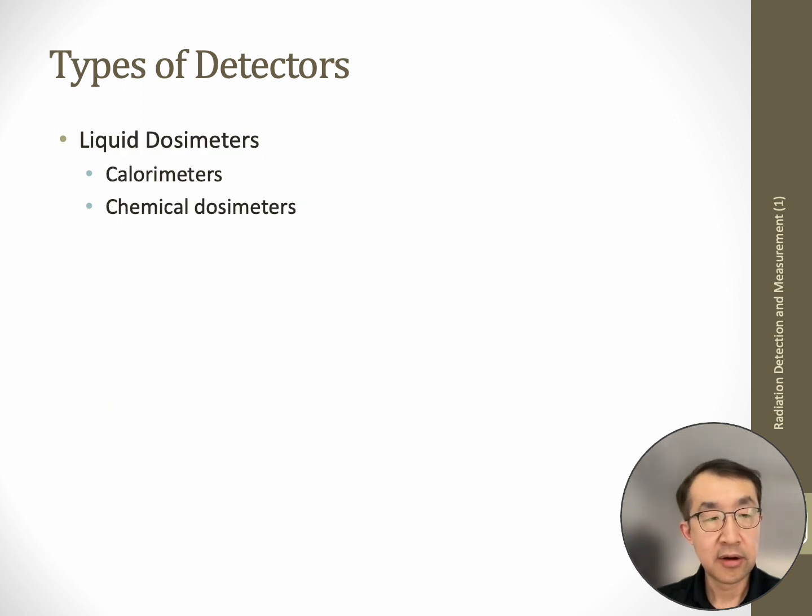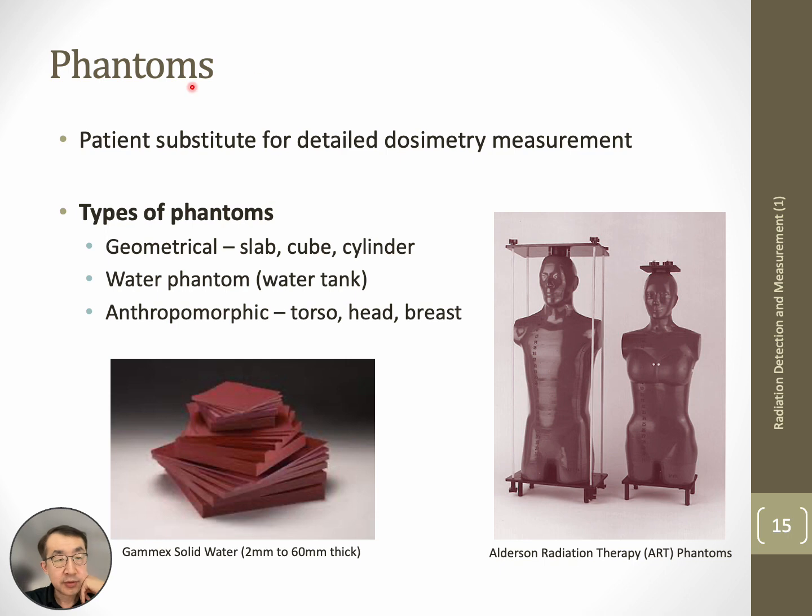And the third category will be the liquid dosimeters. Again, these are not clinical detectors, but I've seen RAPHEX ask about this. I personally don't have clinical experience with this, but I'll try my best to explain what those calorimeters and chemical dosimeters are.